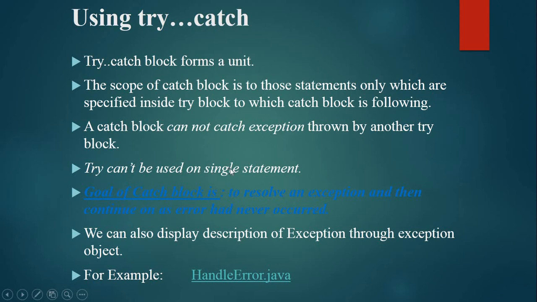Try can't be used on a single statement. It will only be used on some specific code. The goal of a catch block is to resolve an exception and then continue on as if the error had never occurred. Meaning our program execution will not stop.